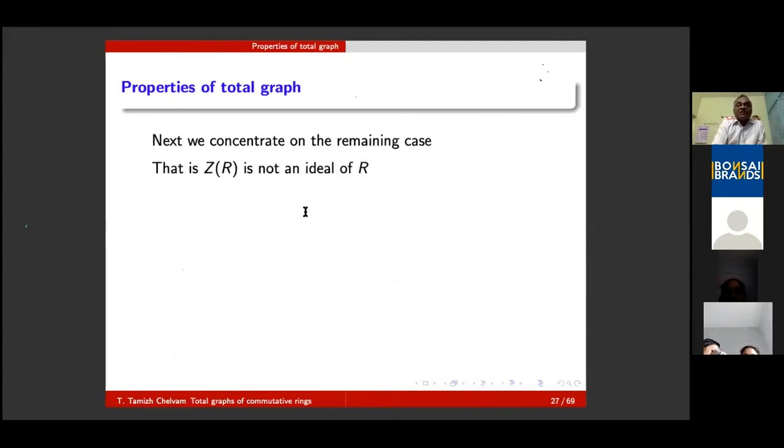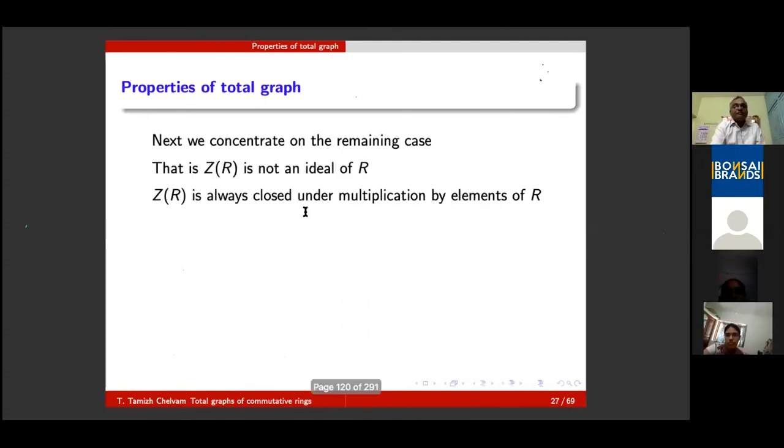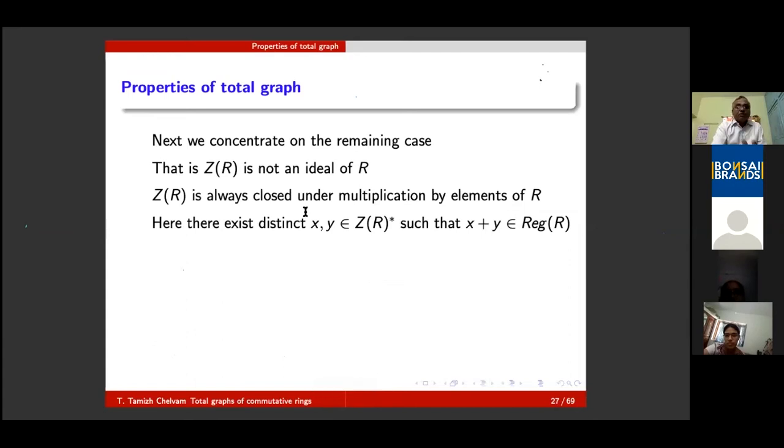The remaining case is that Z of R is not an ideal, because it is closed with respect to multiplication, but it is not closed with respect to addition. Thereby, what does it mean? There exists a pair of elements x and y in Z of R such that their sum is an element of regular. It is in the complement.